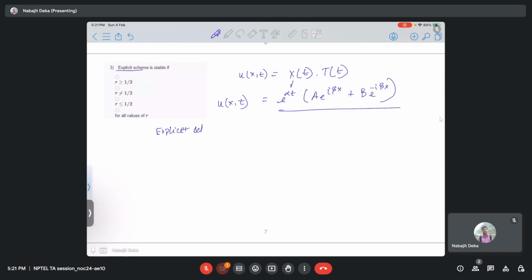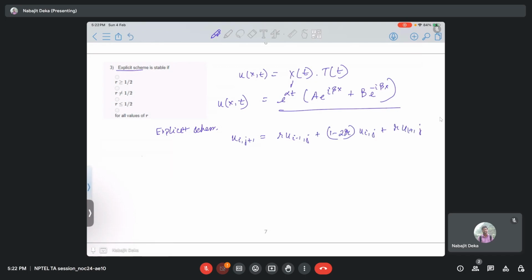Now we know the explicit scheme: u(i,j) equal to r u(i-1,j+1) minus 2r u(i,j) plus r u(i+1,j).